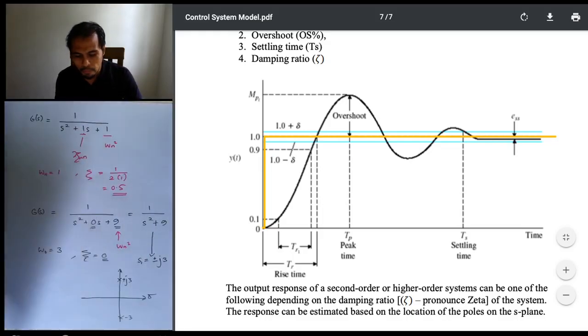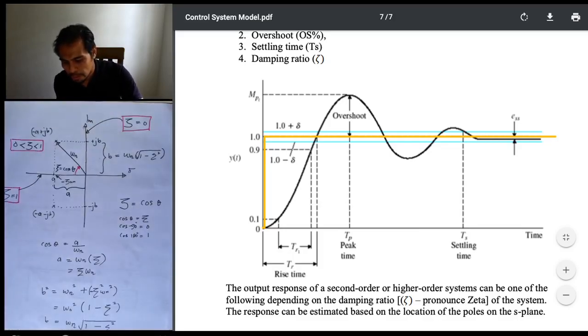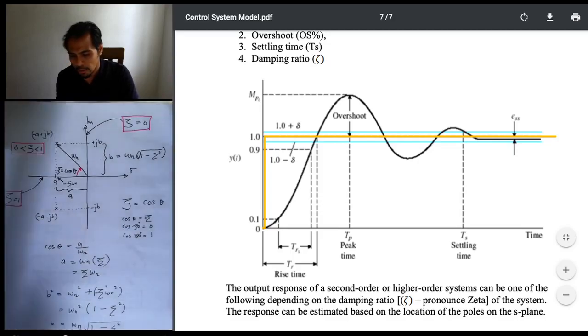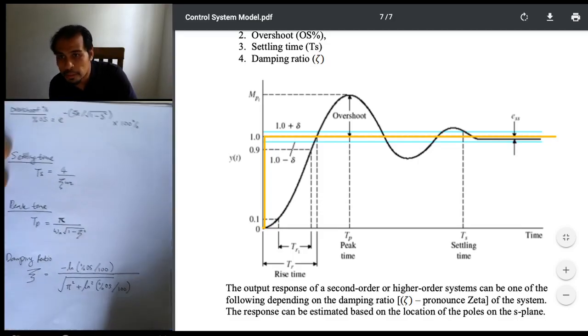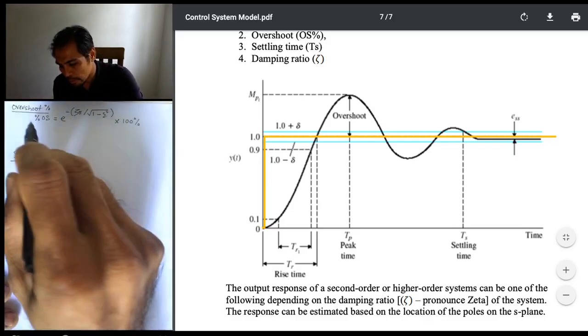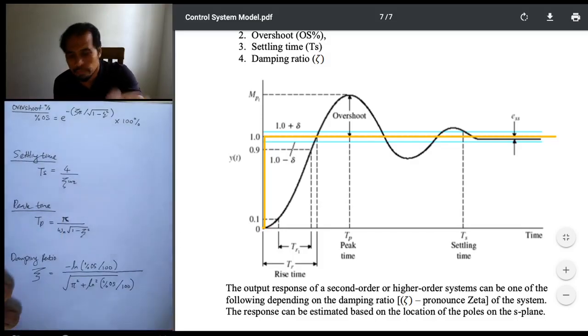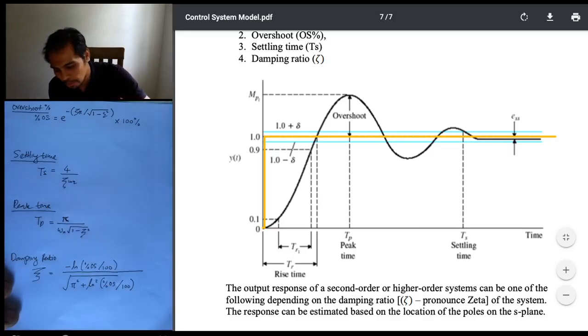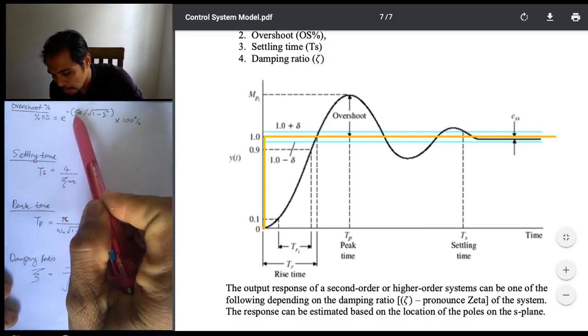Based on this, we can find those parameters like overshoot, settling time, peak time, and damping ratio, like you see in the slide. You can refer to the book, chapter 4, which shows how to get these formulas, but they are simple. For overshoot we use the same parameters: there is a zeta there.